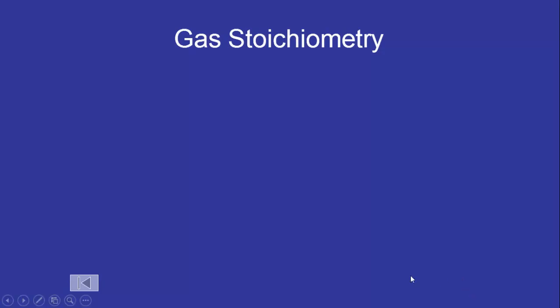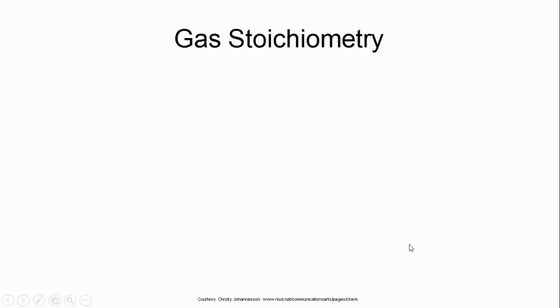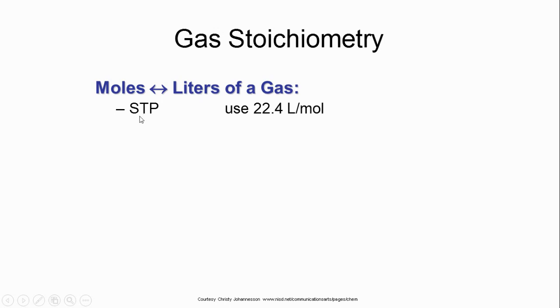What this will deal with is applying the gas laws knowledge that you've learned into stoichiometry problems. So let's talk about the situations where this might come up. If you have moles of a substance, you can certainly convert to liters of a gas. If the problem is at standard temperature and pressure, we simply use the conversion 1 mole of gas equals 22.4 liters.